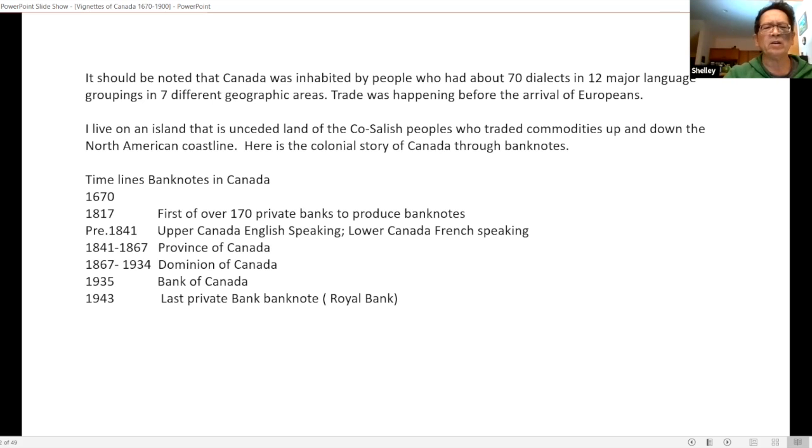Pre-1841, Upper Canada, which was English-speaking, and Lower Canada, which was French-speaking, produced banknotes. From 1841 to 1867, the province of Canada was formed. From 1867 to 1934, it was the Dominion of Canada. In 1935, the Bank of Canada was created, and the last private banknote was produced in 1943, by the Royal Bank.